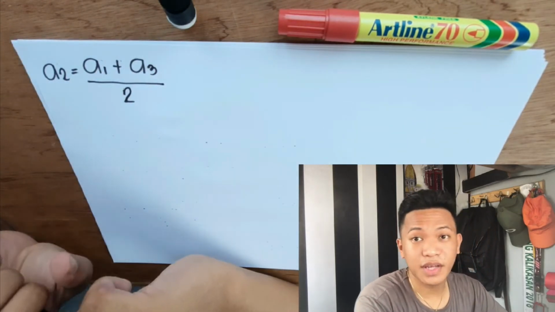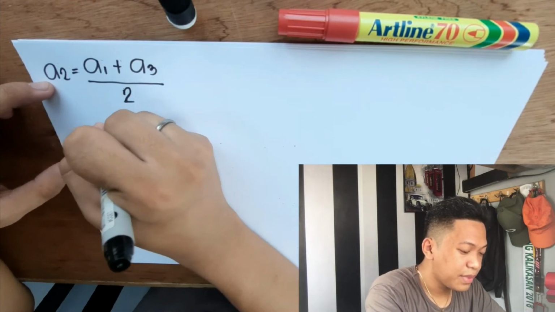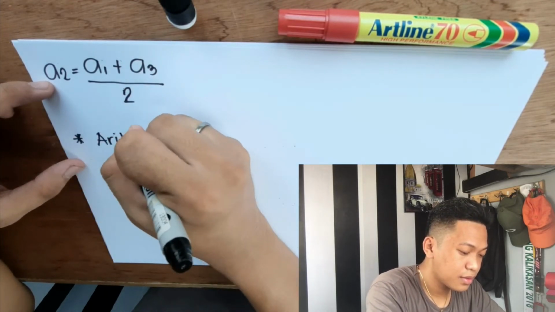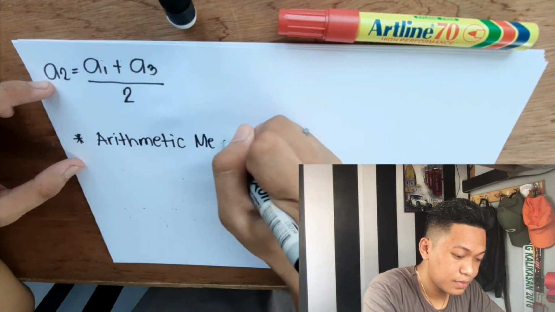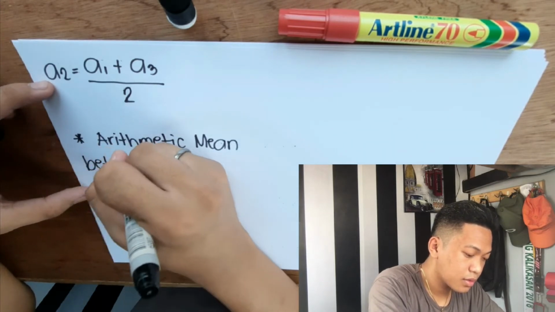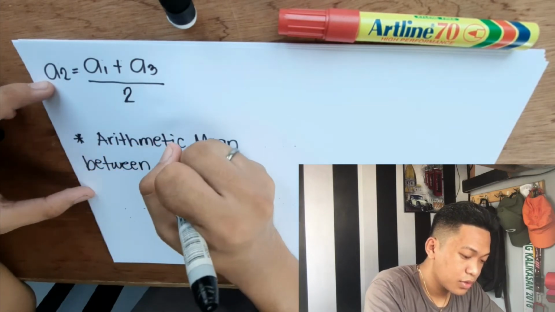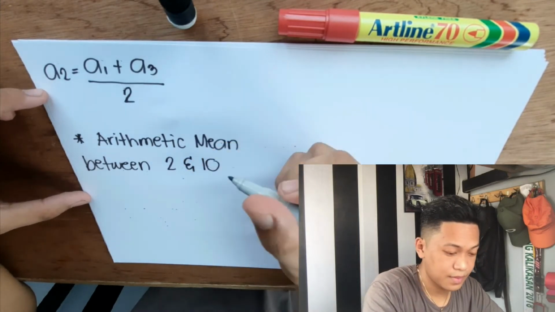For example, let's find the arithmetic mean between 2 and let's say 10.